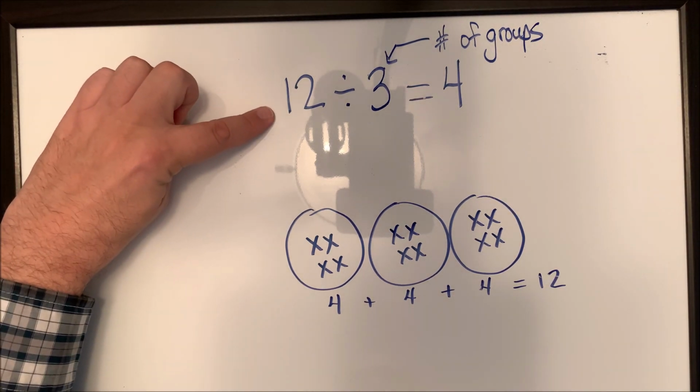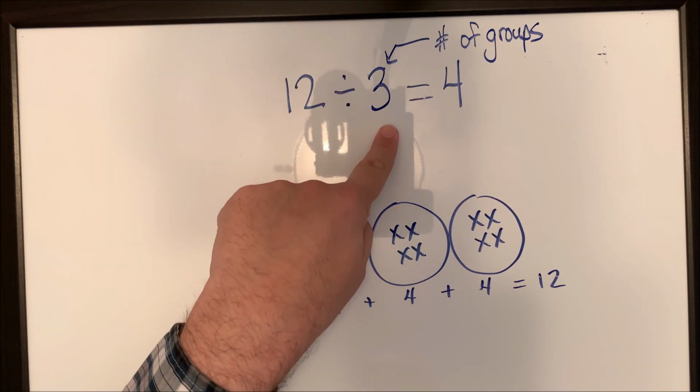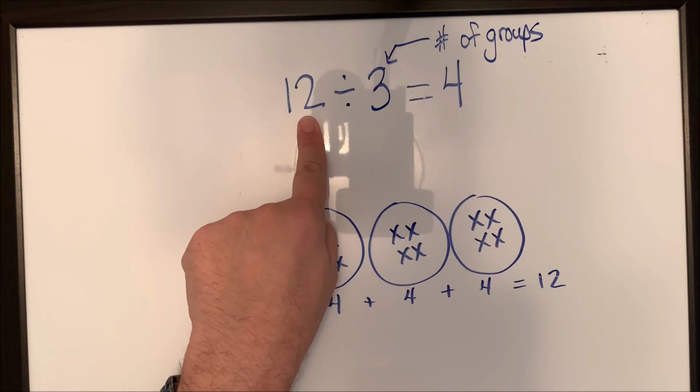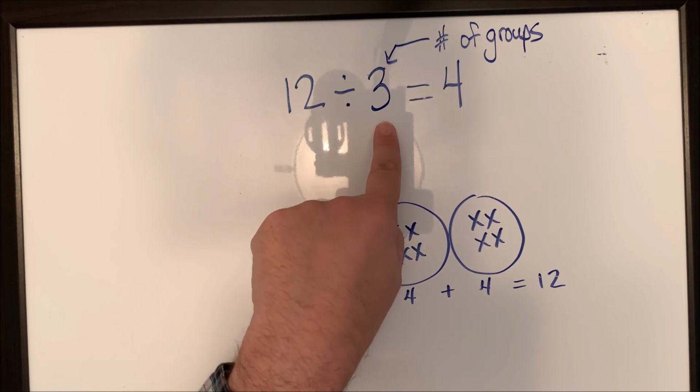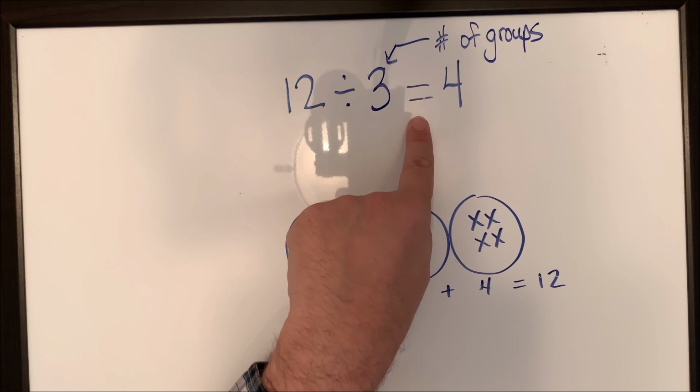So 12 divided into 3 equal groups equals 4. And I would practice saying that out loud. So I want you to say that with me as I do this. It's very important. So say it with me. 12 divided into 3 equal groups equals 4.